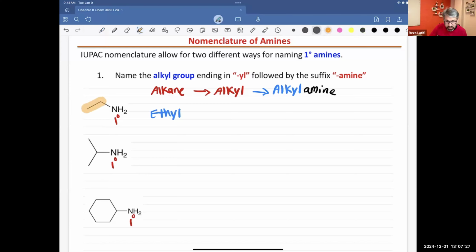Ethyl: the main alkane has 2 carbons, so I turn it to alkyl. It will be ethyl, and at the end, I'm going to add amine to it. I can repeat this for the rest. This is isopropyl, then add amine to it.